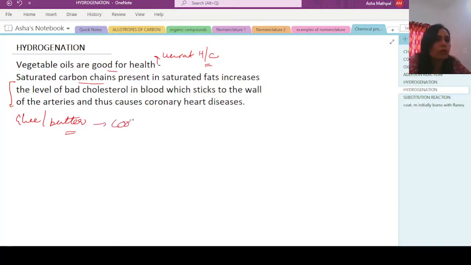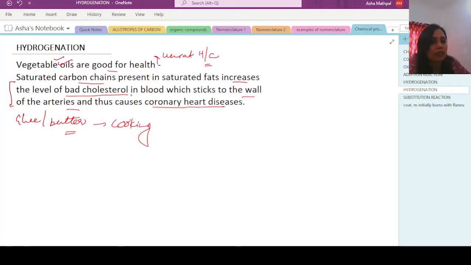They are not as good for cooking as vegetable oils, because saturated fat increases the level of bad cholesterol. It is also called LDL, low density lipoprotein, which sticks to the walls of the arteries and thus causes coronary heart diseases.